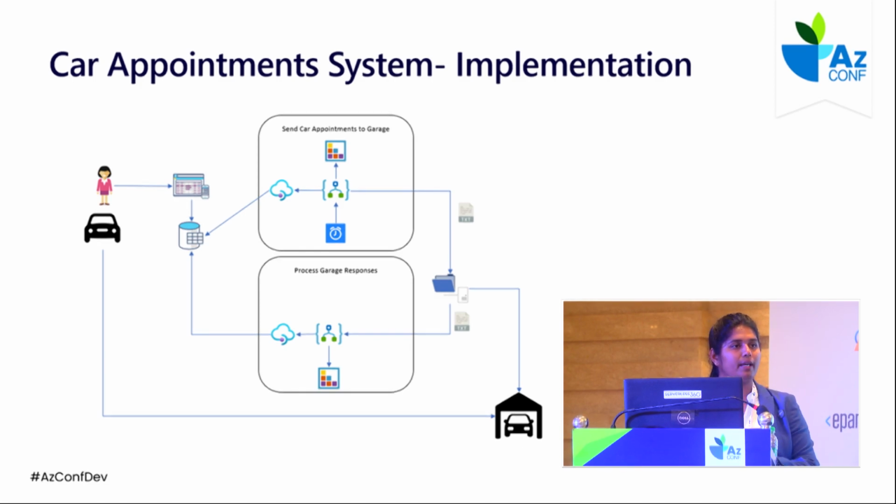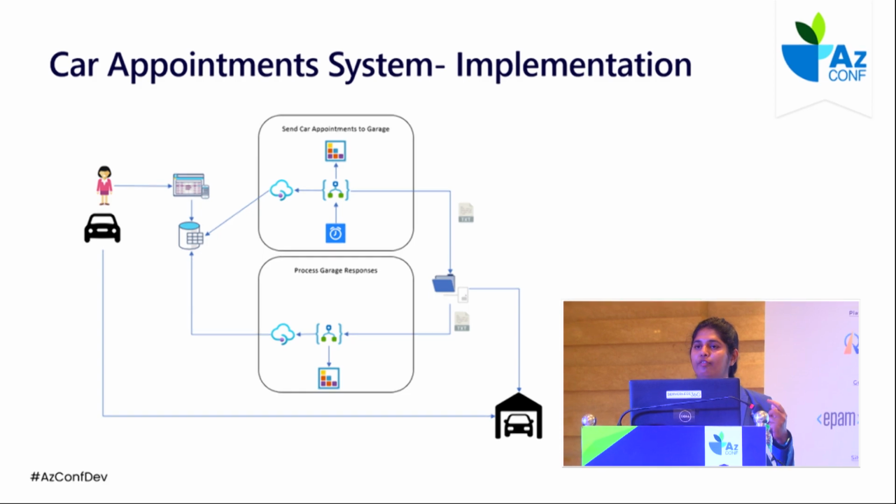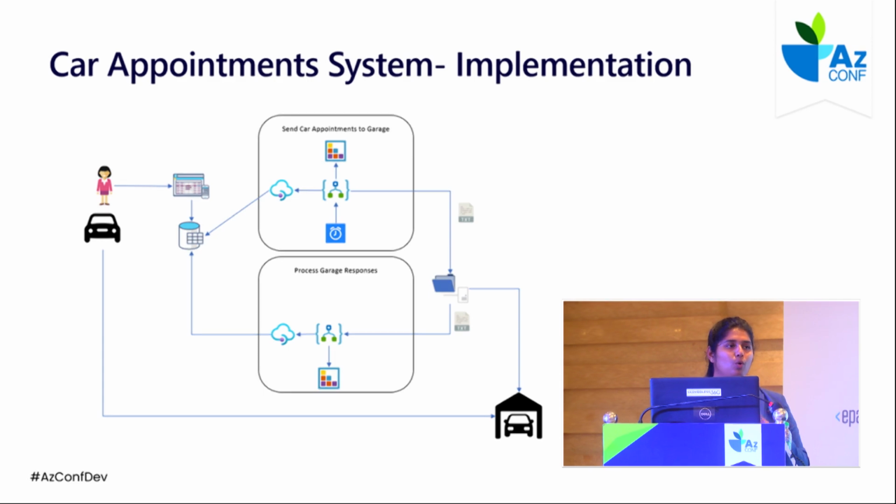So I'm choosing Logic App because I'm going to integrate existing systems. As I told you at the beginning, Logic App has got an extensive list of connectors which is going to facilitate integration of existing systems without writing a single line of code. I can just bring in, onboard the connectors, define the actions and ensure that the data flow is achieved.